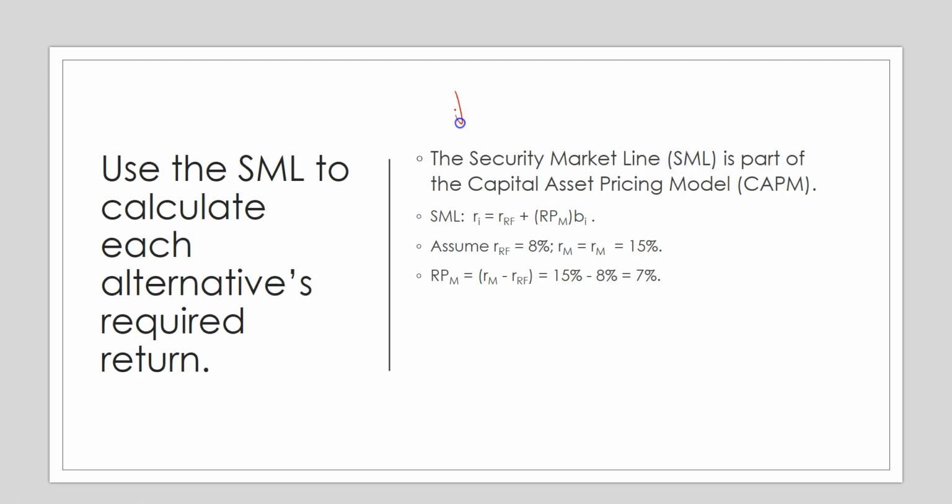So it says that the required return of the stock is equal to the risk-free rate of return plus the market return minus the risk-free rate times beta. This together is called the market risk premium. So let's plug in what we know.